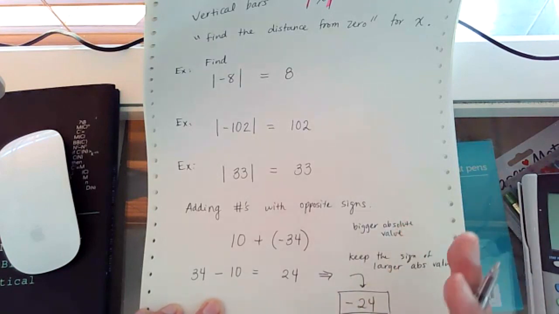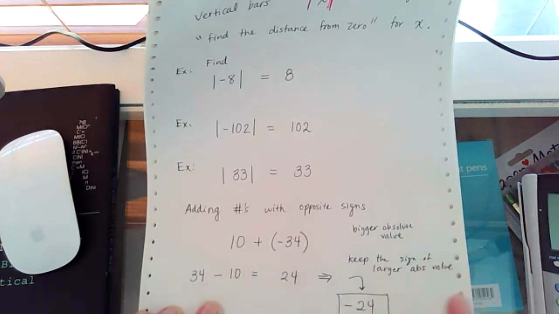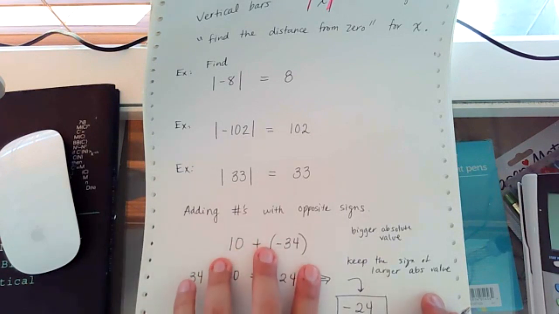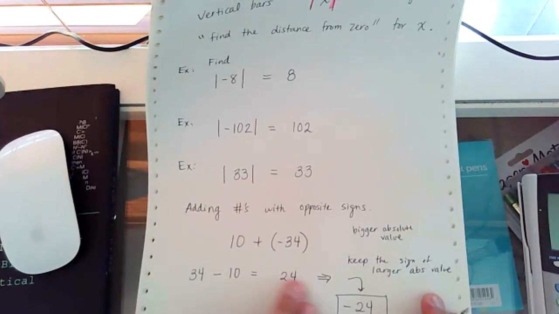It's sort of a complicated way to get to the answer, and there's a lot of ways to approach it, but that's one way that, if you took Math 410, elementary algebra before this, they might have taught it: if you're adding two numbers with opposite signs, find their absolute values, take the absolute value of the bigger one minus the absolute value of the smaller one, and then keep the sign of the bigger one.